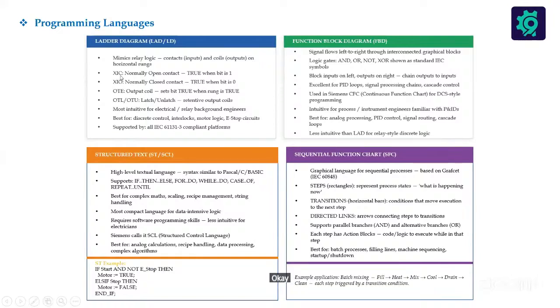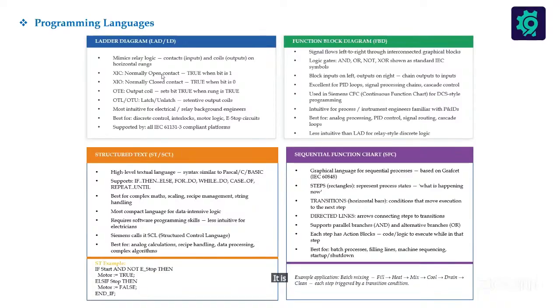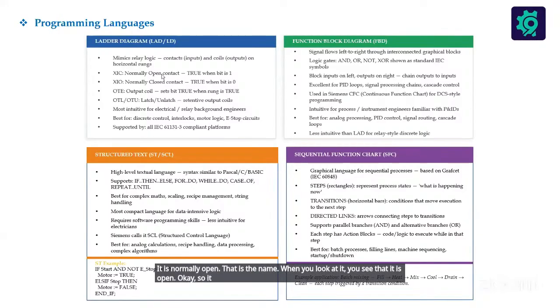Okay, so the XIC is an action, like a verb, while this one is just a naming. What is the name of the contact? It is normally open. That's the name. When you look at it, you see that it is open. So that's why it is normally open contact. But when it comes to the action that it does, what does it do?